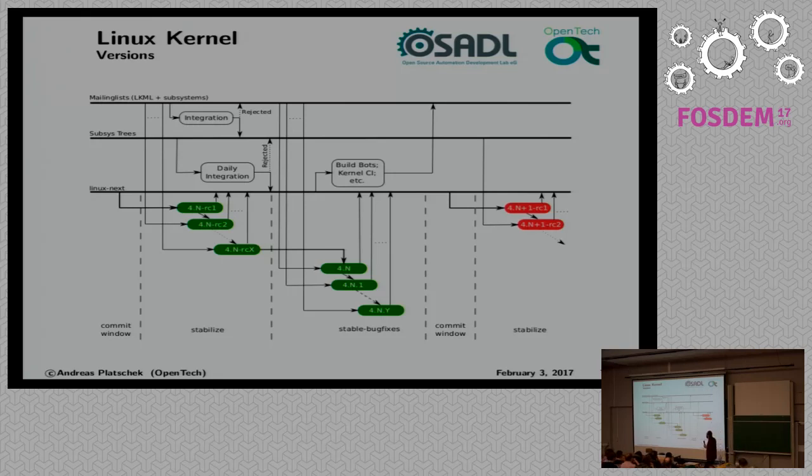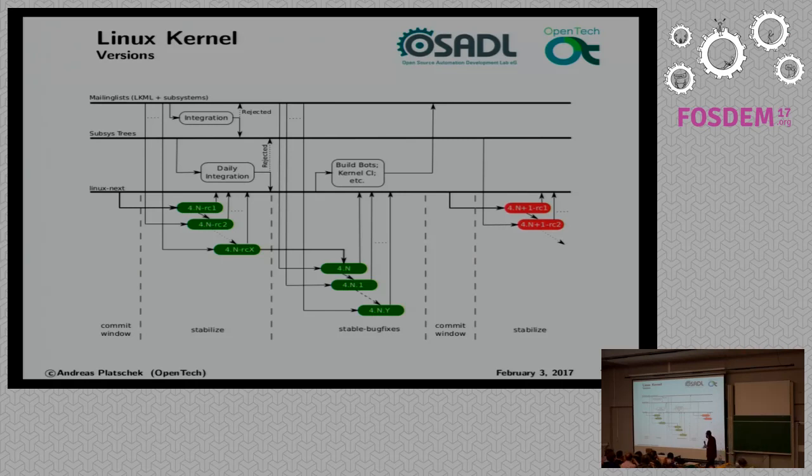At some release candidate X, Linus decides, okay, now we have a stable kernel, and he releases the new stable version 4.n. In this stable version 4.n, only bug fixes are integrated from this point. From the mailing lists, only bug fixes are integrated into the dot releases 4.n.1, 4.n.2 to 4.n.y.